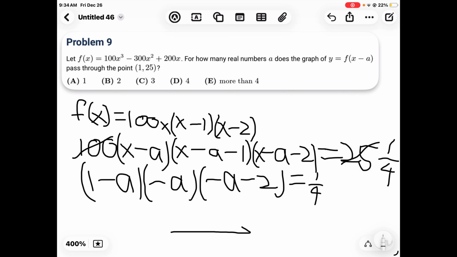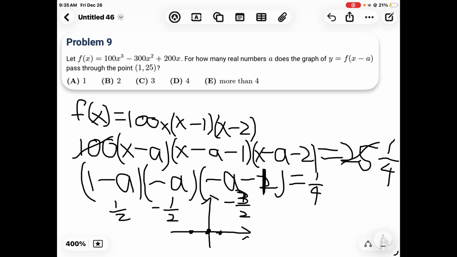Wait, sorry, this is minus 1. So at 0, this will be 0. And also at 1 and negative 1, since those are the function's roots. And then here at a half, we will have that this is a half, this is negative 1/2, this is negative 1/2. Wait, this is negative 3/2.